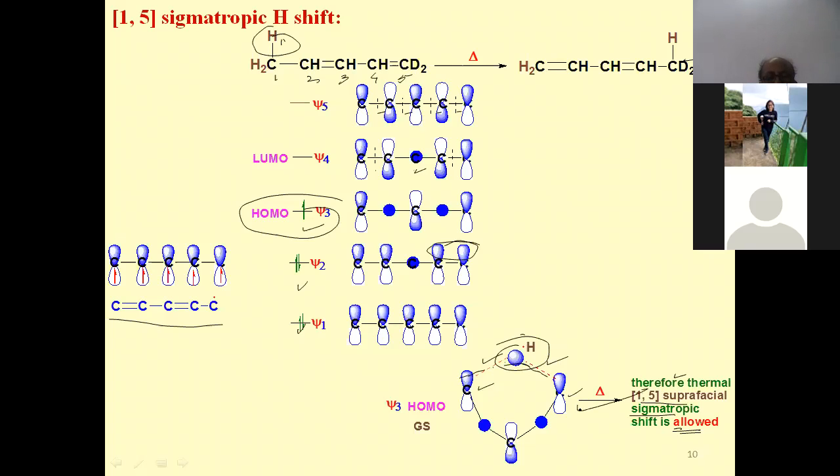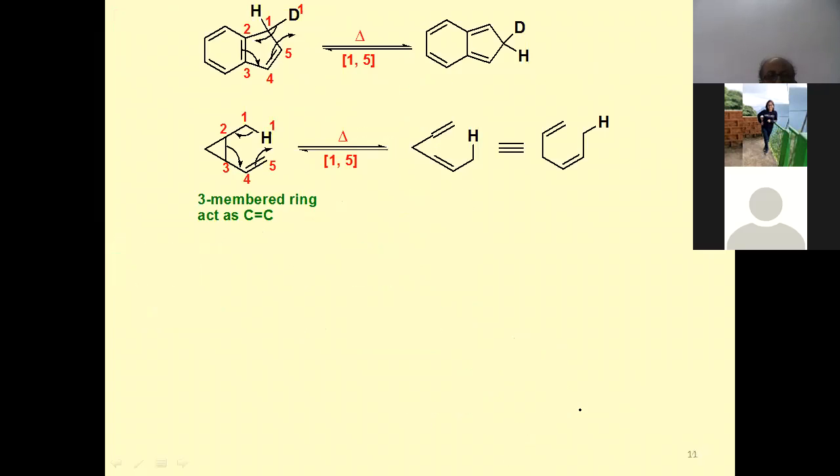Now, what we find is that 1,3 is not allowed thermally, 1,5 is allowed. So if I have one example here, this is going to be 1,5. We can very easily now identify how this 1,5 will be there. Now you can ask one question: why not this hydrogen? Yes, that is also possible, this hydrogen is also going to shift.